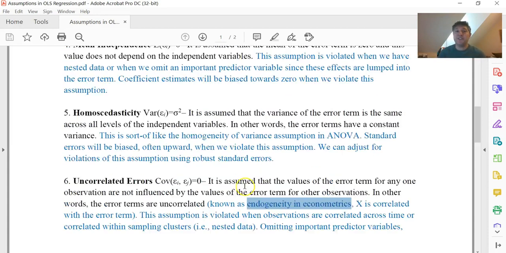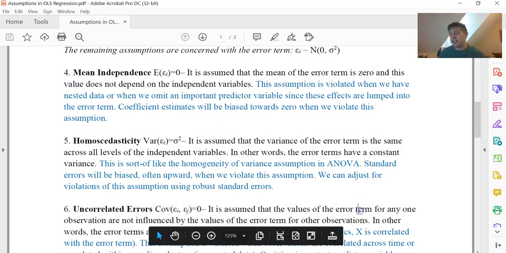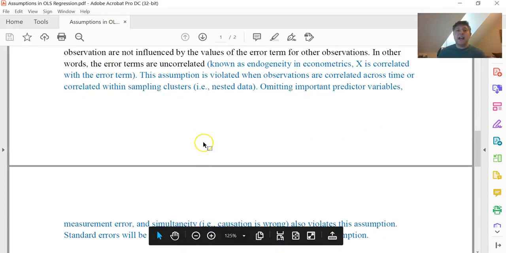Some fields combine these. They may combine the mean independence and this uncorrelated error term, and they call it strict exogeneity. It all means the same thing, that the errors are uncorrelated with each other and that they're uncorrelated with any of the predictor variables.